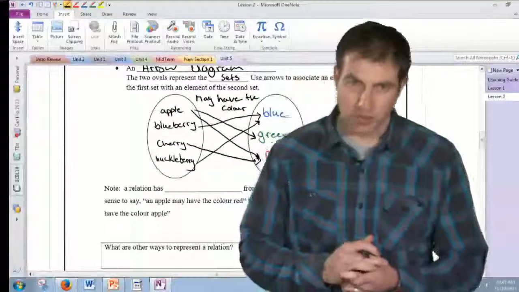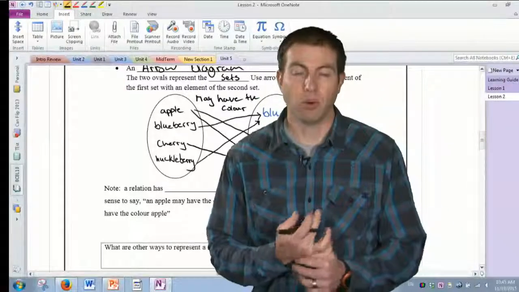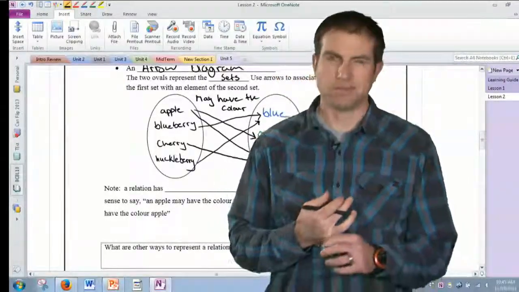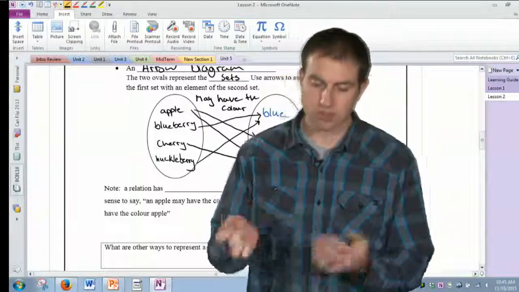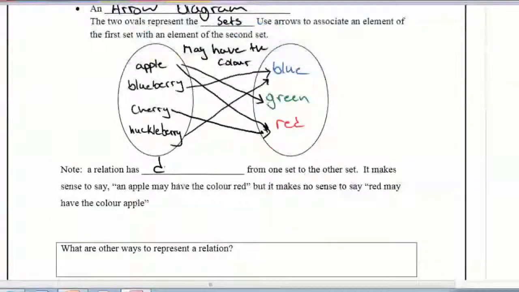All right, so continuing through the notes, it's really important to think about the arrows. A relation has a direction, so we need to put that in here, from one set to the other. This is why it's important.